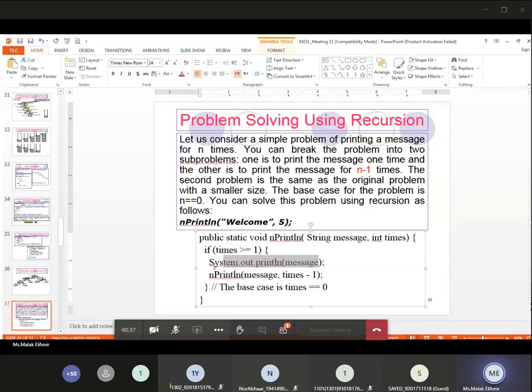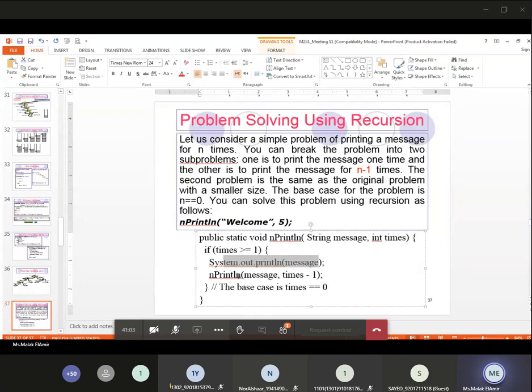Recursive again with the message and 4. If 4 is greater than or equal to 1, true, print the message and recurse with the message and 3. 3 greater than or equal to 1, true, write the message. This is the third time.